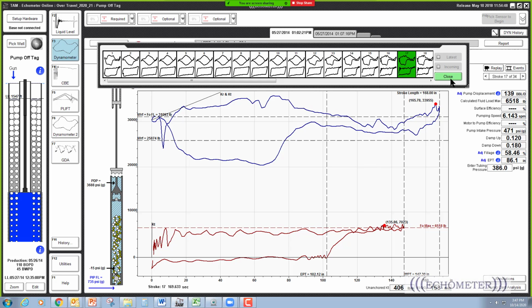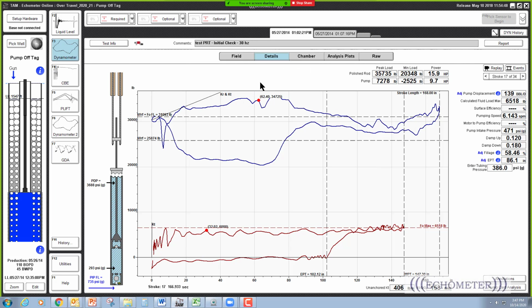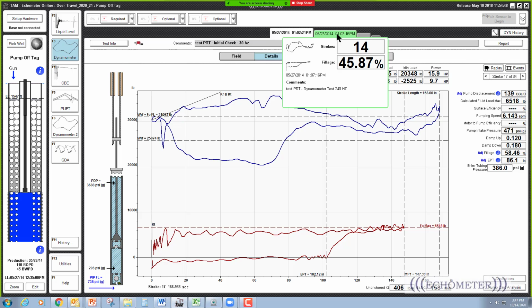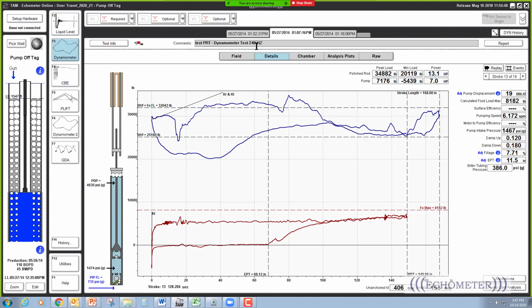Okay, but you can't really see it. Why? Because we're sampling at 30 samples a second. So the next one, we said, hey, we need to increase the sampling speed.